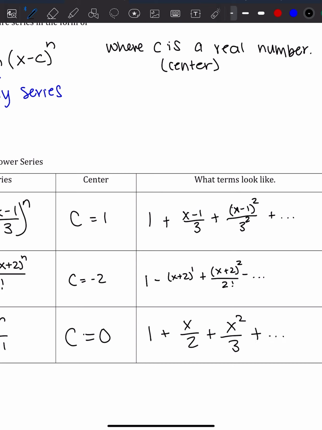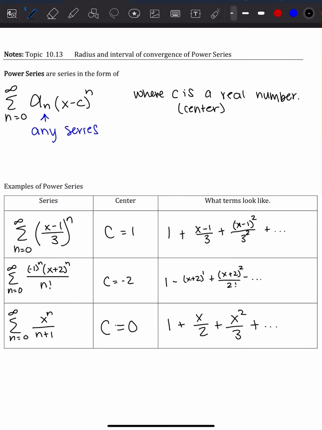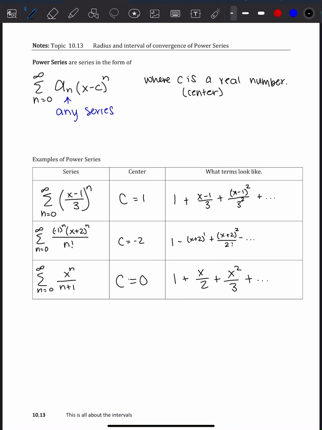And that happens forever. So a power series is realistically a series that has this term x plus or minus c to a power that's going to be changing over time. It's like if we took a Taylor polynomial and then made it into a summation.